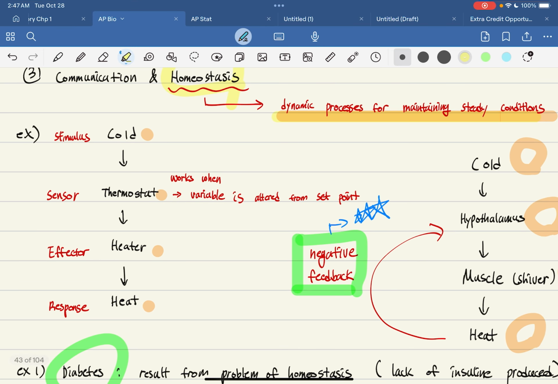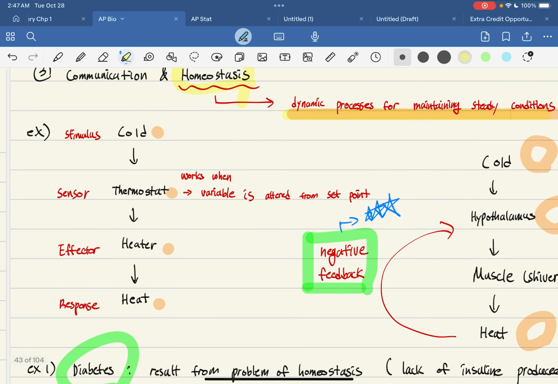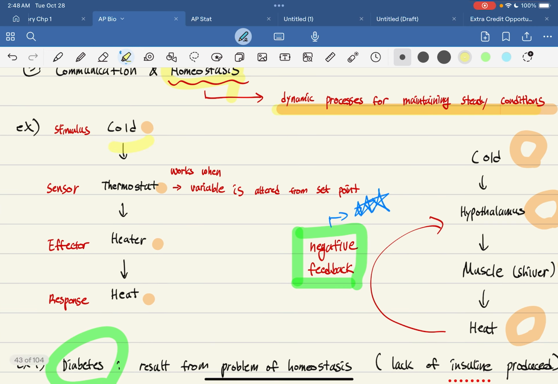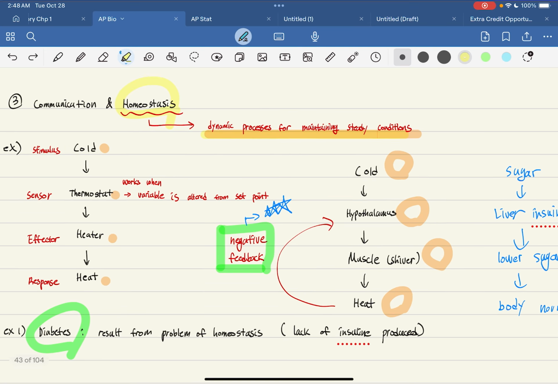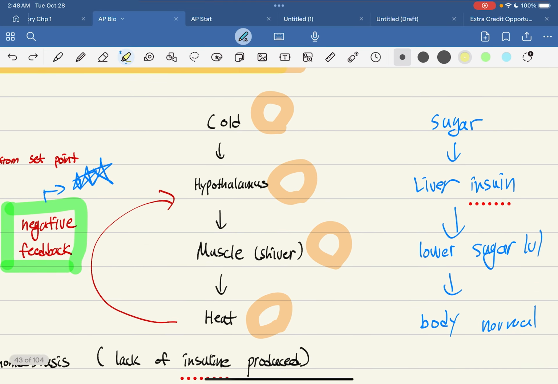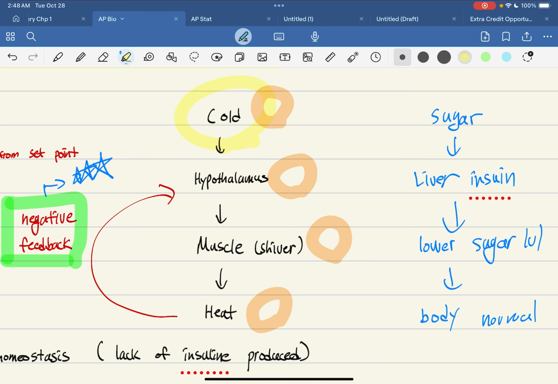The biggest example of homeostasis happens when the temperature is cold. So the cold temperature becomes a stimulus to our body, and then the signal goes to the hypothalamus.